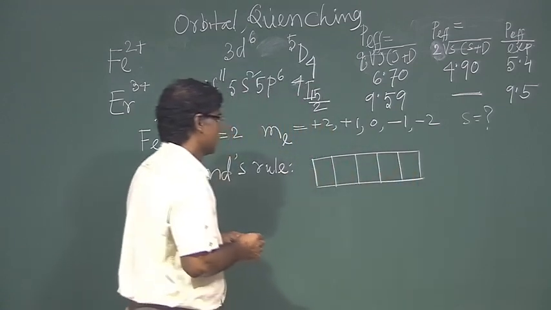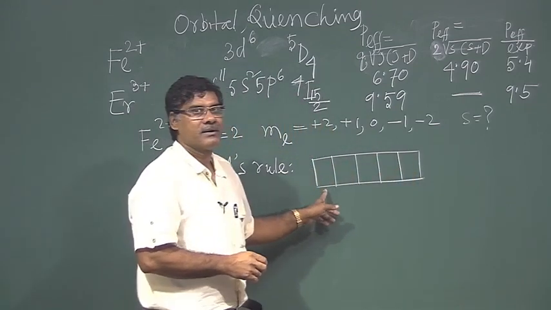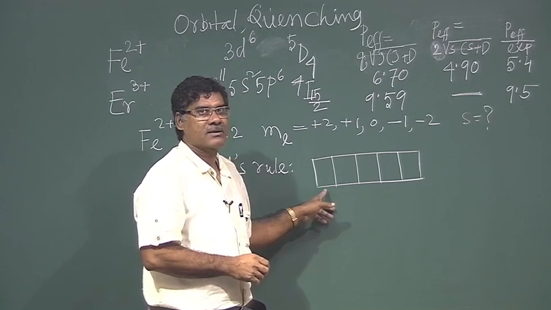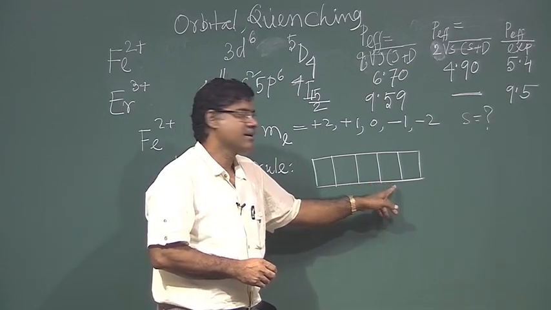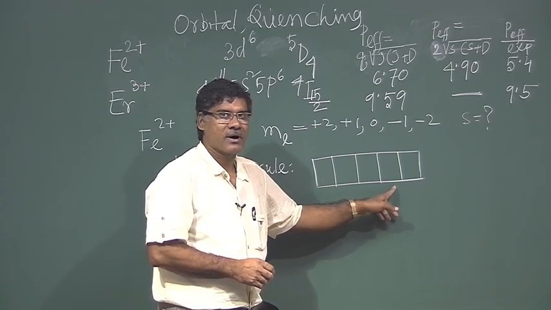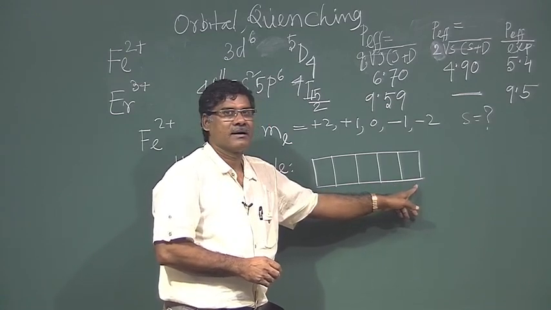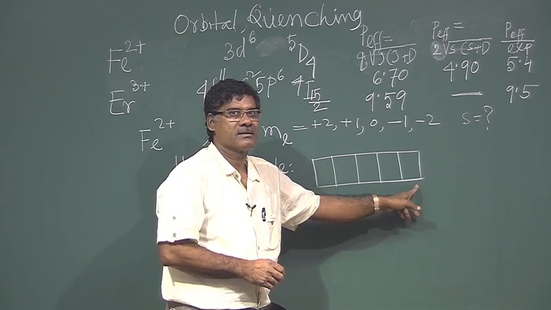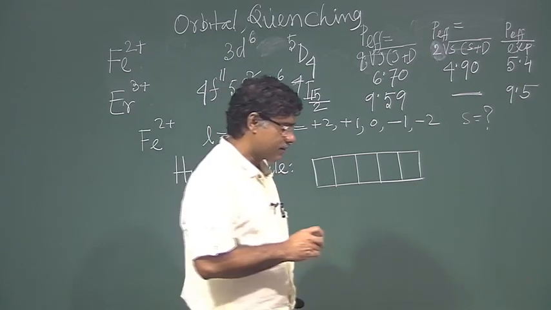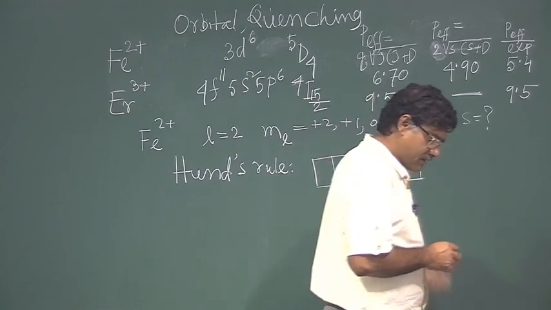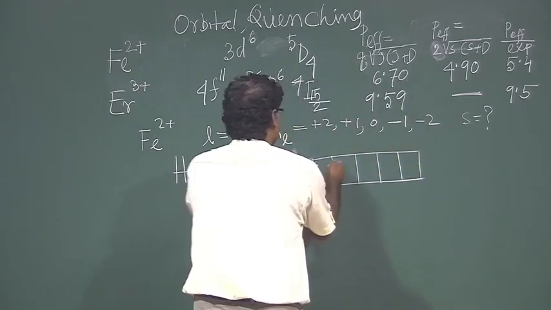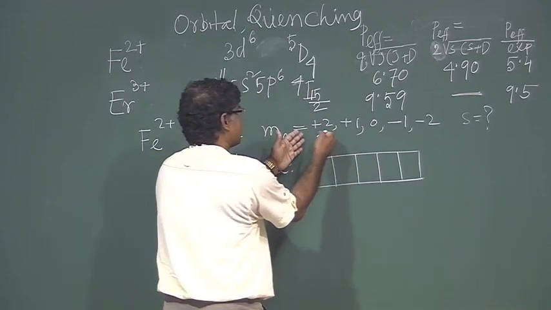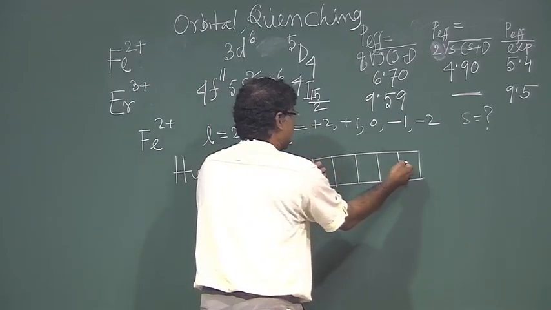You know these are called dxy, dyz, dzx, dz square, dx square minus y square, probably that. So, these are 5 subcells, although they are degenerate.